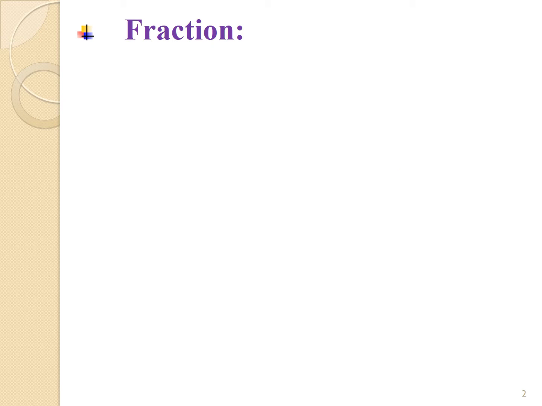Fraction is a number which can be expressed in the form of A by B, where A and B are whole numbers and B is not equal to 0, or a fraction is a part of a whole or a collection of objects.